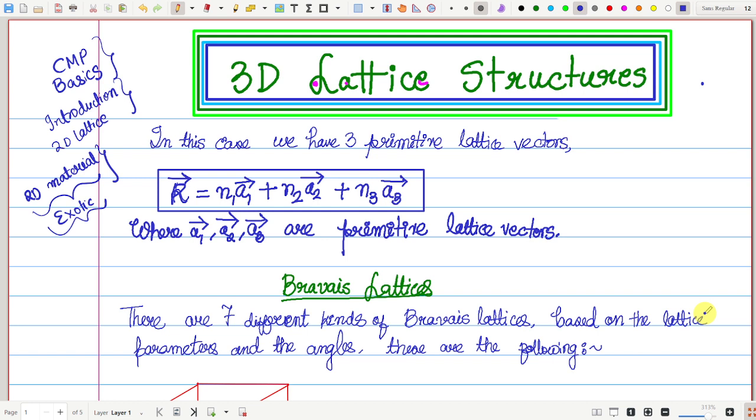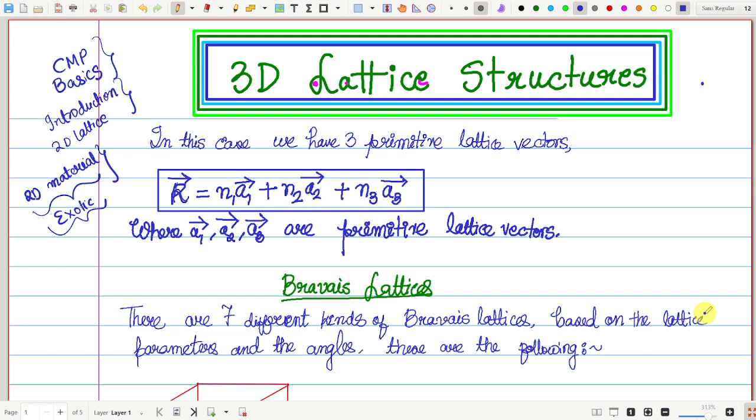So what is a 3D lattice? It is exactly the same thing, now in 3D space, not in 2D space. So there are two lattice vectors, a1 and a2, and a3 also, which is extra. a1 and a2 were there even in the 2D lattice, but a3 is extra.